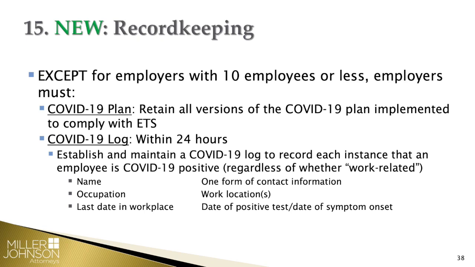And the thought here from OSHA is that this document is going to help employers with the contact tracing that they need to do, to make it easier to identify others who have been close contacts. So to the extent that you're a listener and you've already been doing something like this, this isn't necessarily a new, onerous requirement, but now you're required to do that and have those on hand.